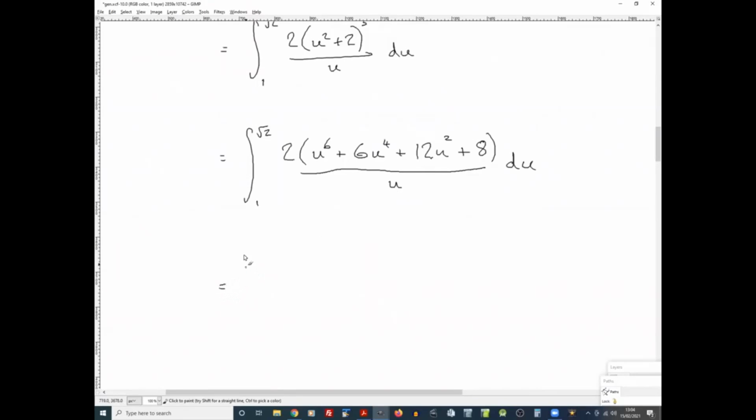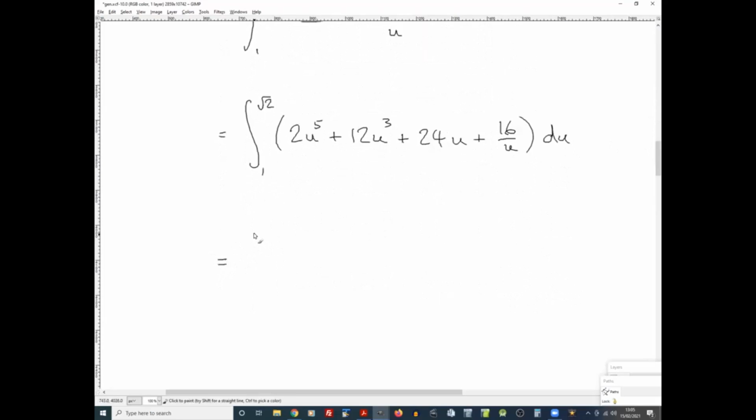So we can be rid of the fraction now, can't we? We can say we've got 2u to the power of what? 5. Plus 12u to the 3. To the 3, yeah? Good. Plus 24u plus 8 over u. Don't forget the 2. Oh no, 16 over u, sorry. 16 over u. All with respect to u.